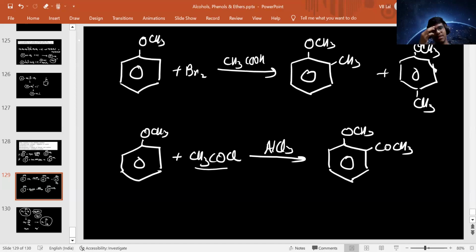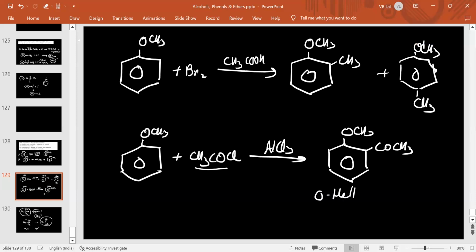COCH3. Okay, this is ortho-methoxy acetophenone. This group forms acetophenone. It is like a ketone. On one side benzene, on one side CH3. It is known as acetophenone. So ortho-methoxy acetophenone and para-methoxy acetophenone.